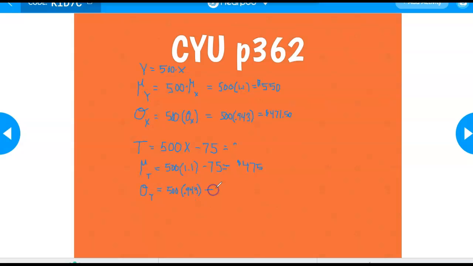You don't subtract $75 from every car sold. I just said don't subtract, and I almost wrote it. We don't subtract $75 from every car sold, so the standard deviation remains the same, 471.5. That's the effect of subtracting a value from standard deviation.